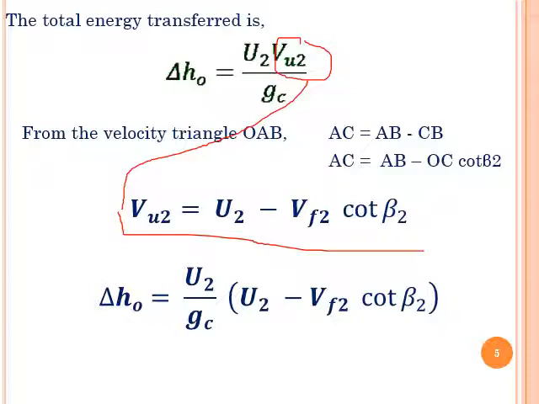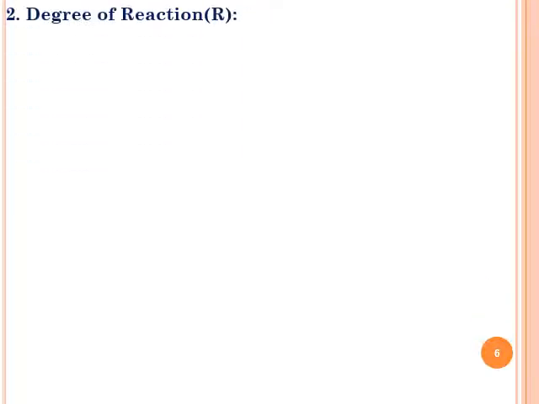The same thing is substituted here: U2 by Gc times U2 minus Vf2 cot beta 2. So that is the expression for total enthalpy change in radial flow power absorbing machines.